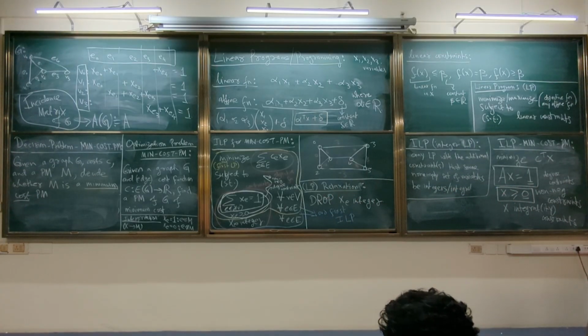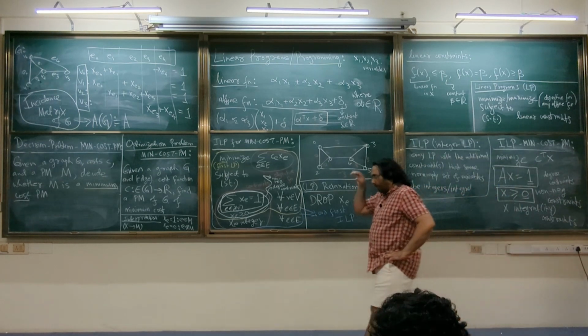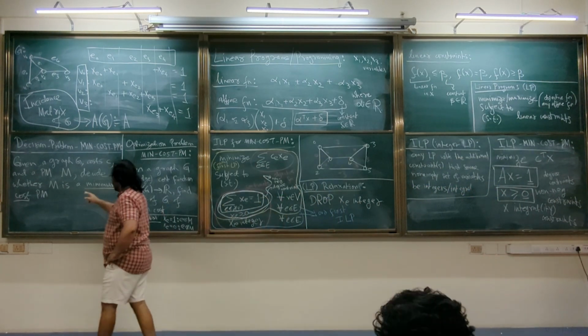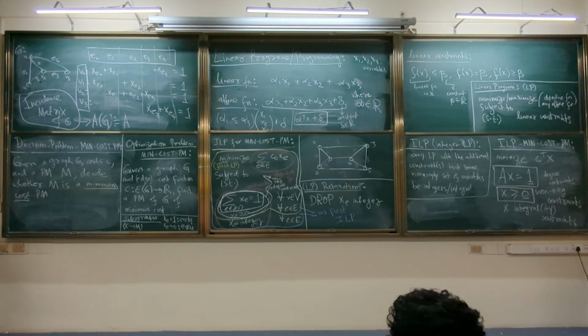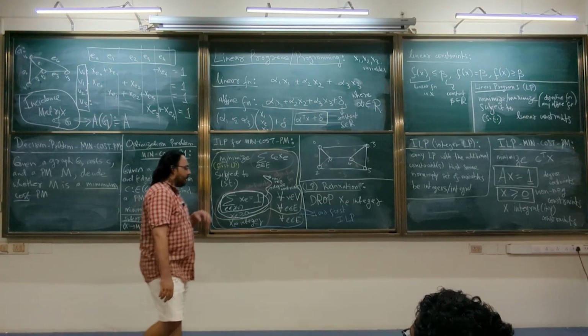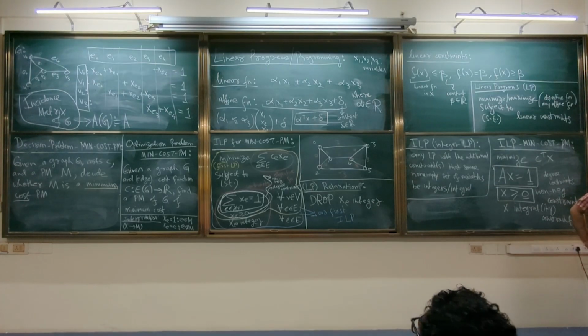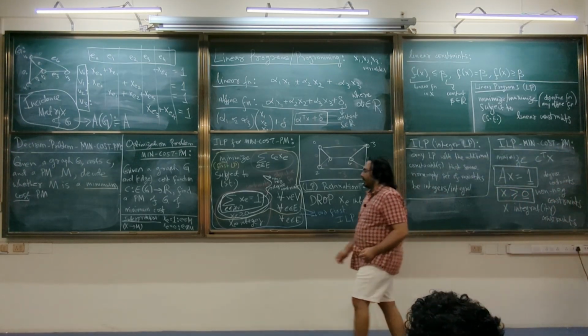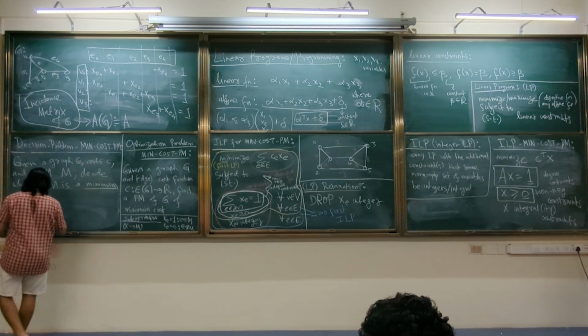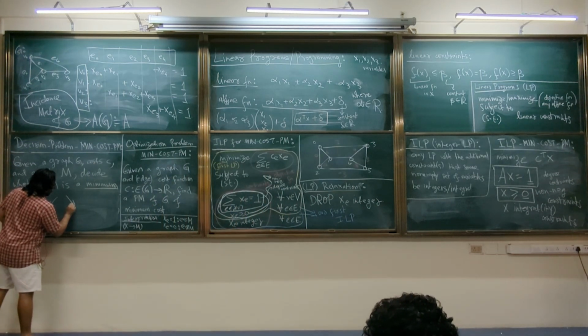Given a graph, given a cost function, and a particular perfect matching of this graph, decide whether this is a minimum cost perfect matching. So given an instance, either it is a yes instance, yes, this is a perfect matching of minimum cost, or it is a no instance, no, this one is not a perfect matching of minimum cost. Is that fine? So there are two types of instances: either a yes instance or a no instance.